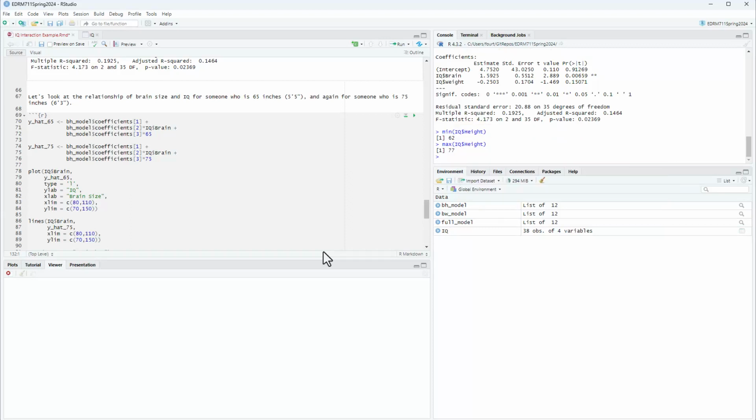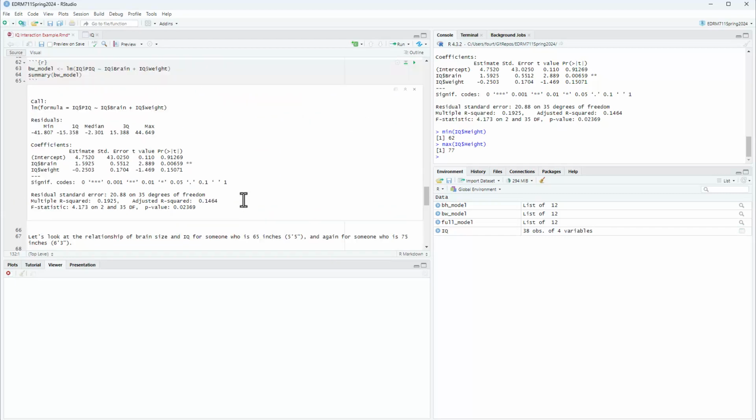Okay, 62 and 77. So I'm well within range. If I were to get out of range, it wouldn't make a lot of sense because I would be extrapolating beyond the range of the data that I have in hand when I made this model. This model was made based upon using individuals from 62 to 77.